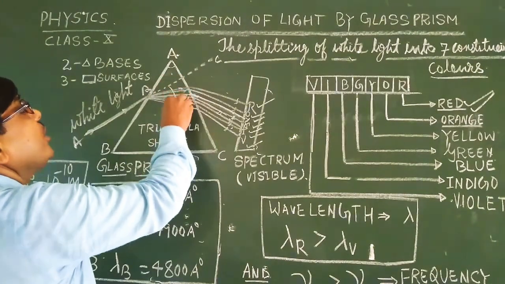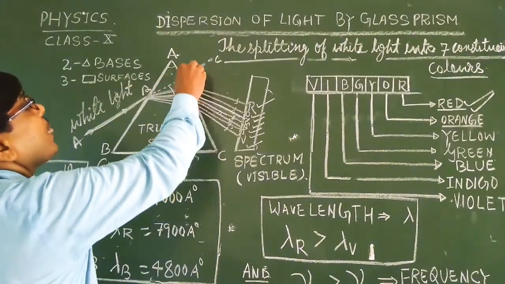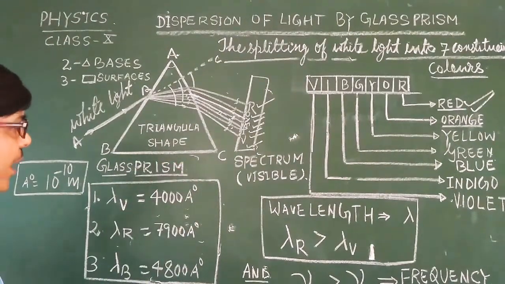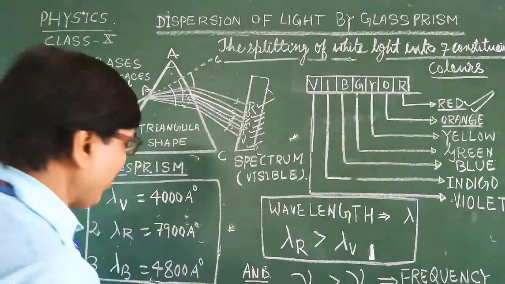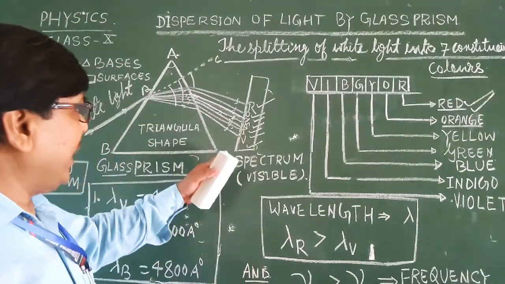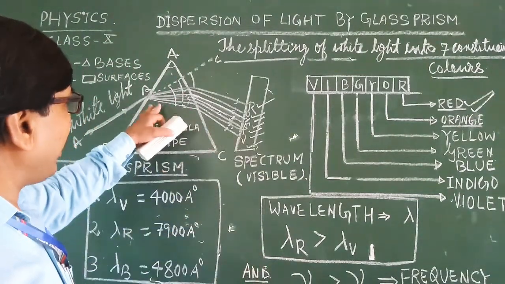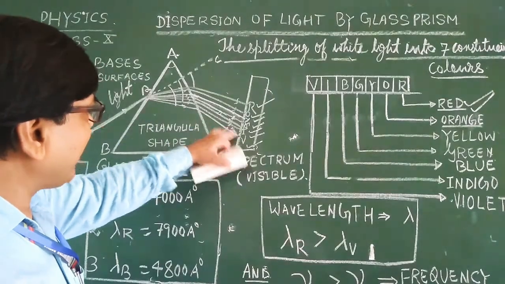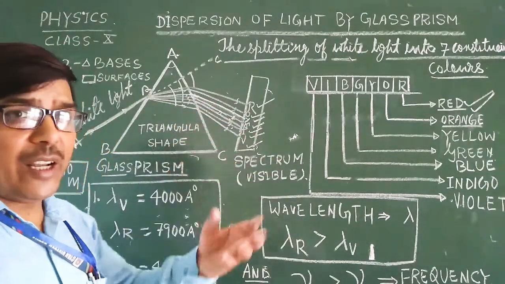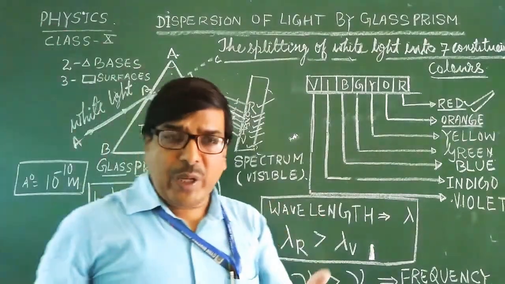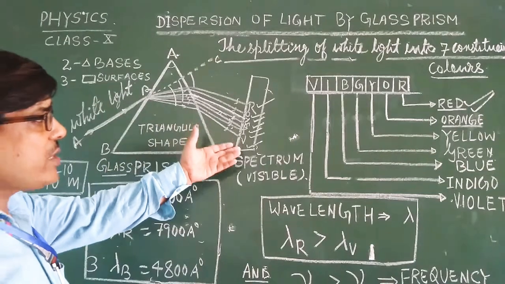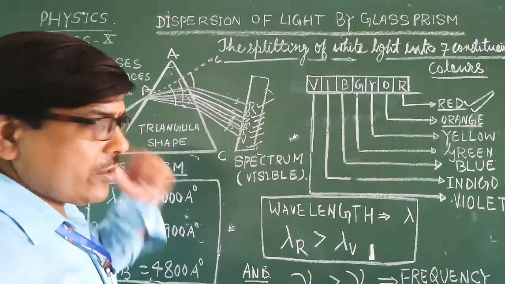The angle of deviation for each and every color is different. The angle of deviation of violet color is greater than the red color. Deviation in red color is very minimum. The angle of deviation of red is less than other colors.